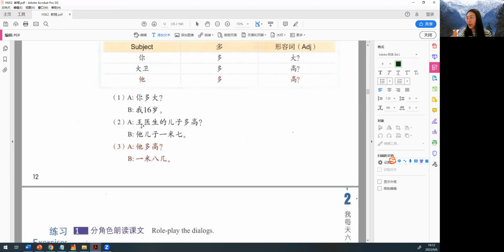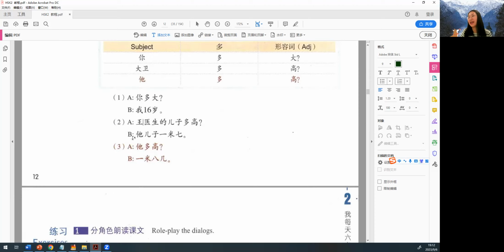Let's look at the second question and answer. A asked, 王医生的儿子多高? Wang is a family name over here. 医生, we learned that before, is doctor. So here is Dr. Wang. 儿子, the son. 多高, how tall?